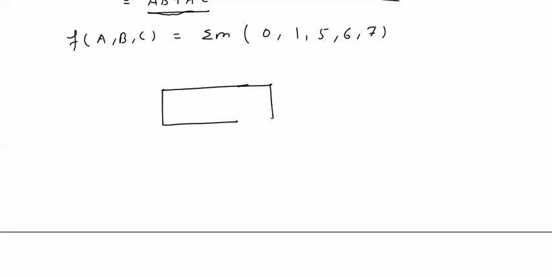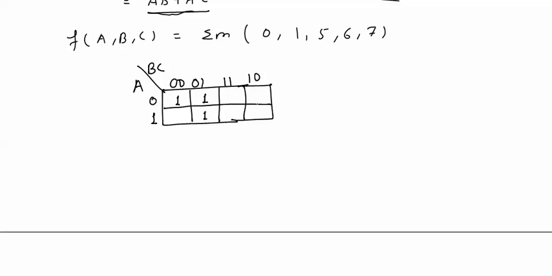For this, we will plot the K map. For the zeroth combination, it is logic 1. For the first combination, it is logic 1. Second, third, fourth, fifth combination, it is logic 1. Sixth combination is logic 1. And the seventh combination is logic 1.